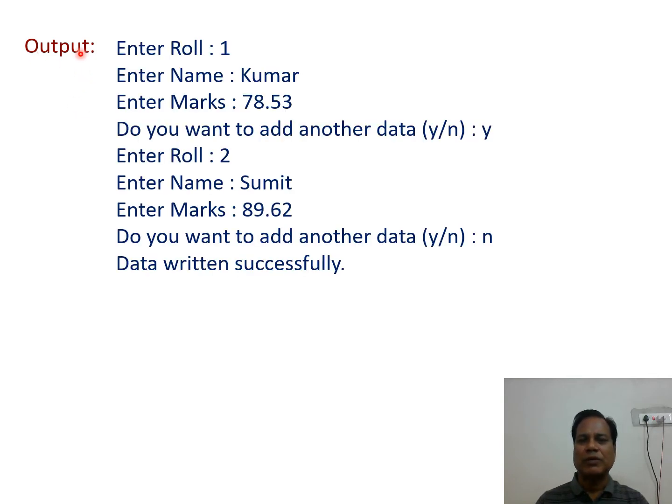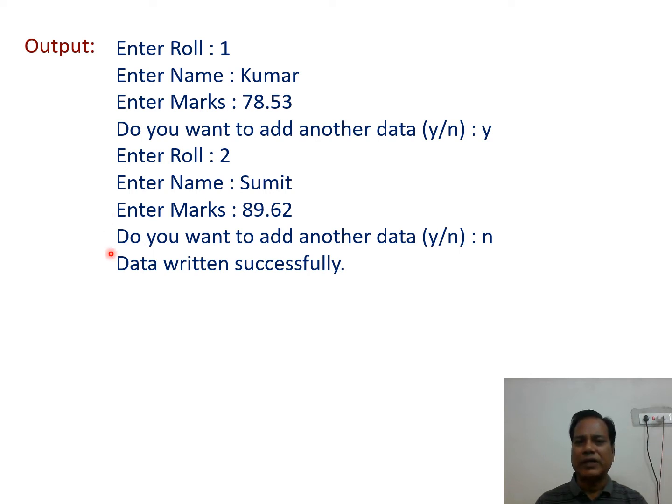So when this program is run, we get the output like this one. Enter roll number, suppose 1 is entered, enter name Kumar, enter marks 78.5. After entering the roll number, name and marks, it asks do you want to add another data? If yes, then another roll number, name and marks are entered.